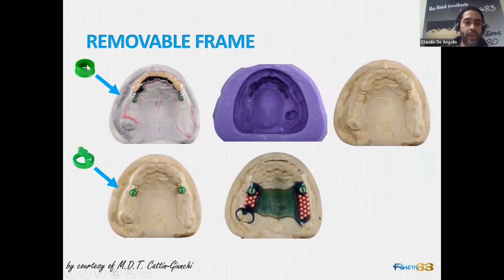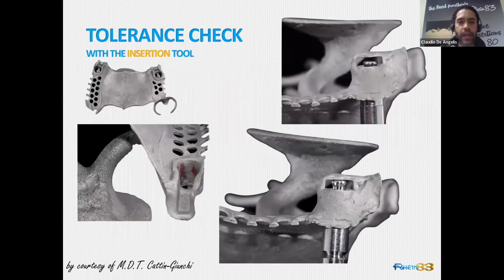So again, the positioning ring around the spheres, the duplication, and the production of the investment model. Over the duplicated ring, they place the castable housing, and they produce the metal frame in wax. After that, they apply the screws and they cast the metal frame with a traditional casting machine.